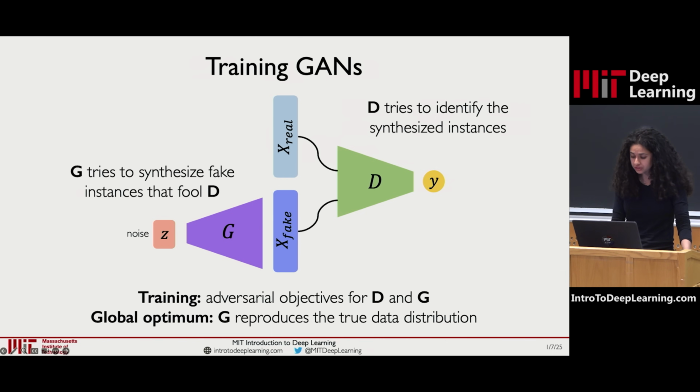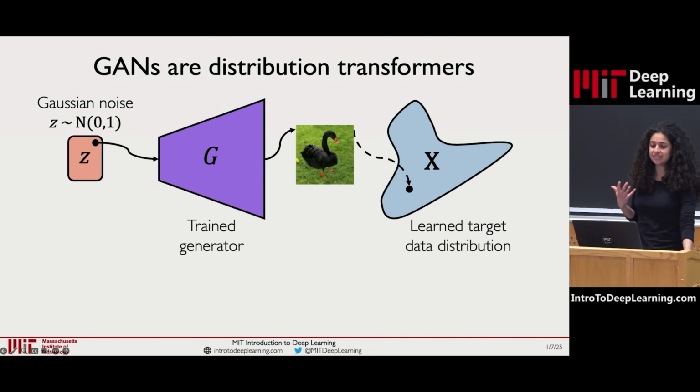And fundamentally, what I want you all to take away is that you can think about generative models like GANs as learning a distribution transformation. Going from the ability to move from pure Gaussian noise, random noise, to eventually be able to produce instances across a learned target distribution.